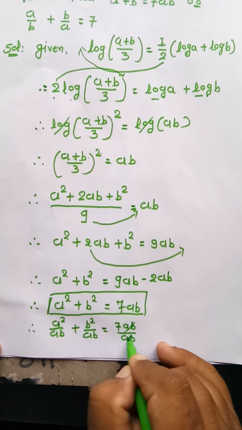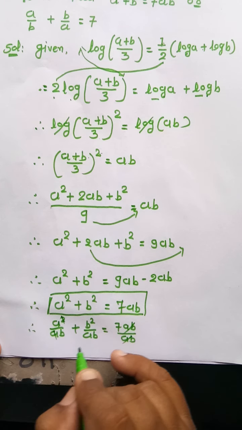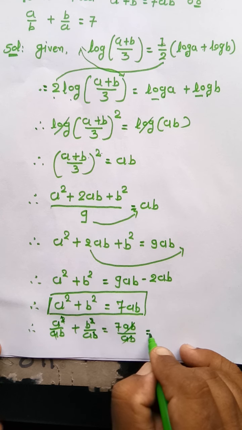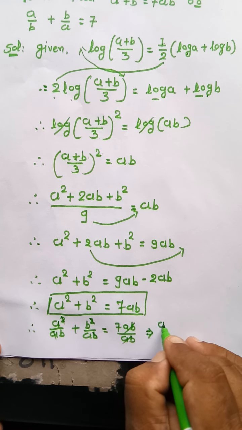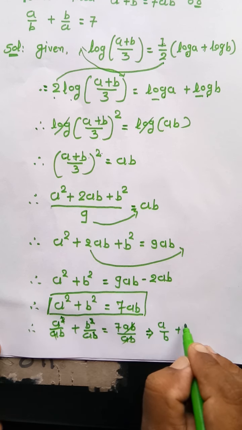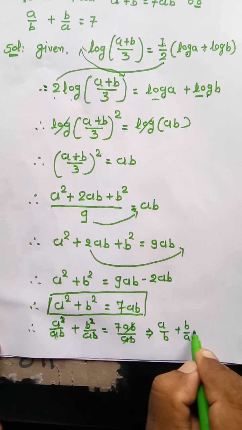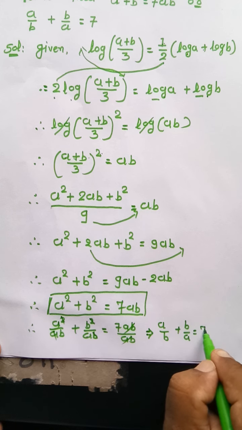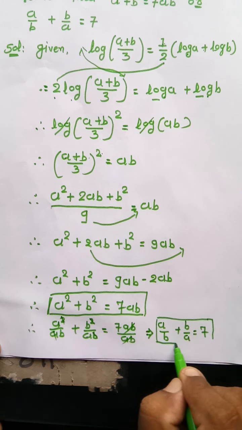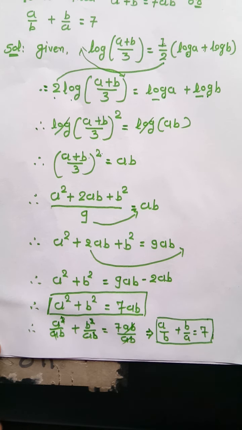Now here ab is cut. First one a is cut, one b is cut. So a by b plus b by a is equal to 7. Now second result is proof. a by b plus b by a is equal to 7.